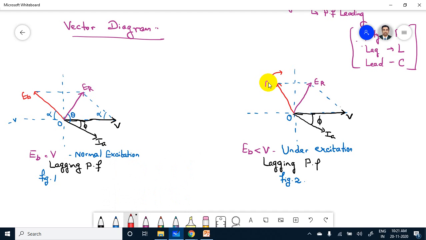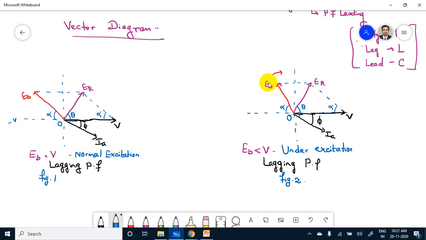This notation will be EB. The angle, this is alpha, and the angle between ER and IA will be theta.